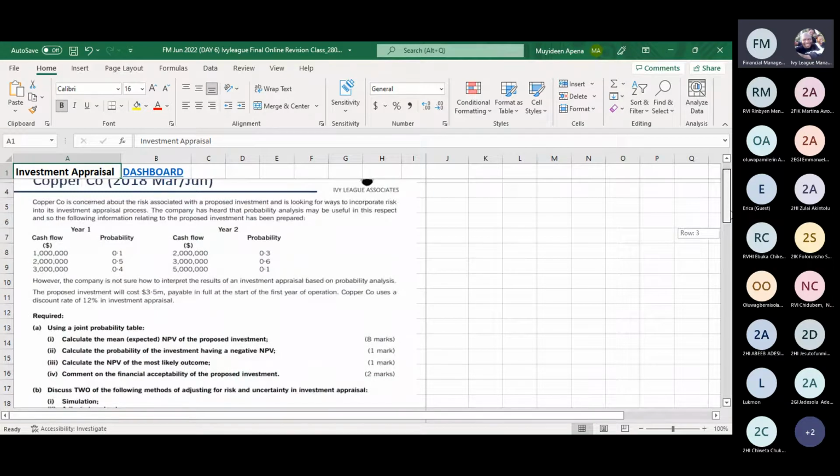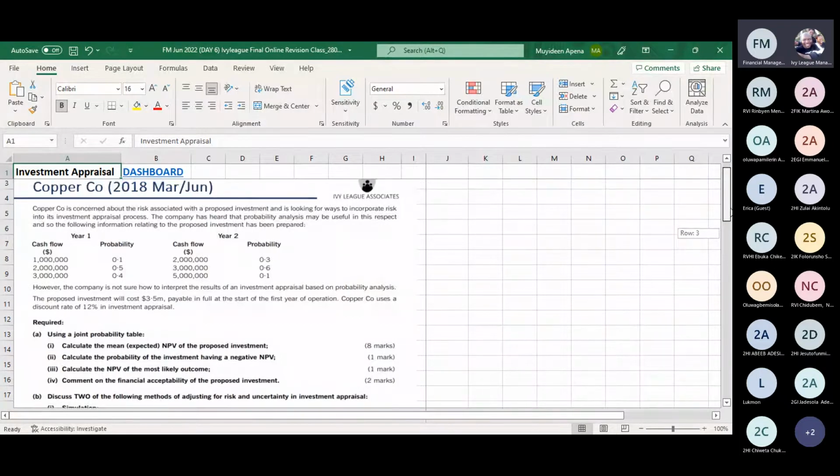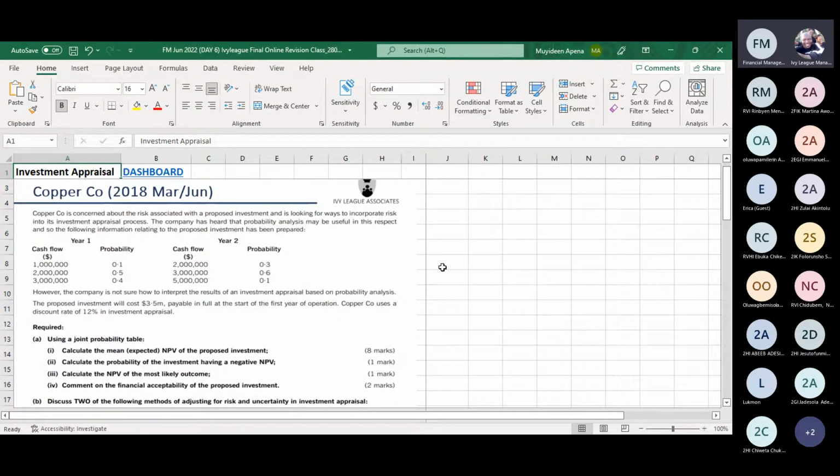We have to calculate the expected or mean NPV of the proposed investment. Copperco is concerned about the risk associated with the proposed investment. And what is it doing? It's now looking for ways to incorporate risk into its investment appraisal process. So the company has held that probability analysis may be useful in this respect. The following information relating to the proposed investment has been prepared.